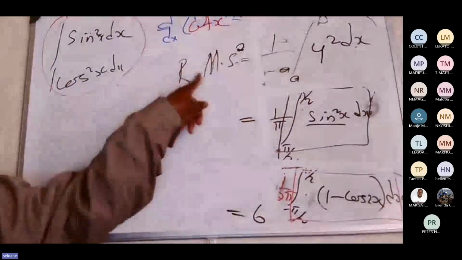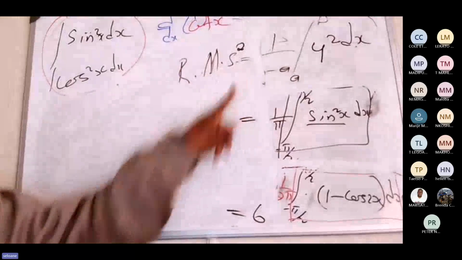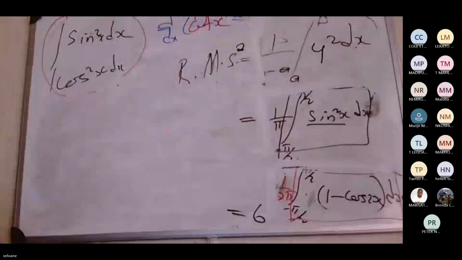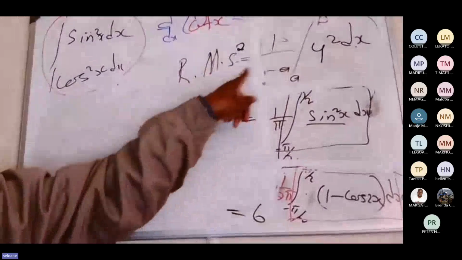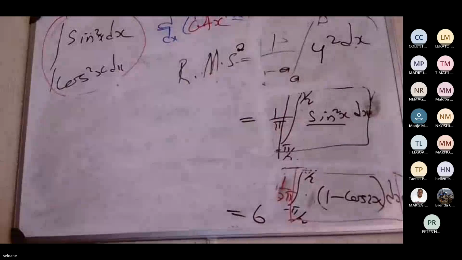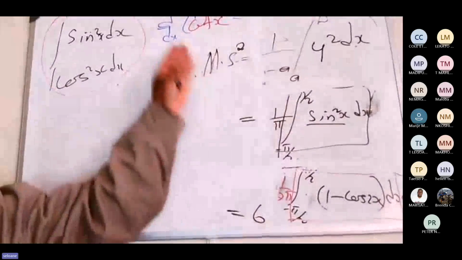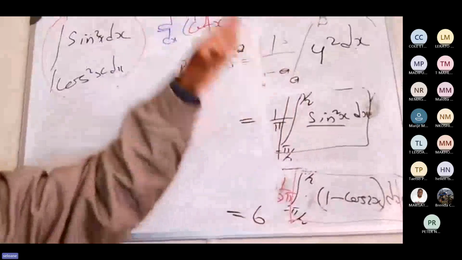It's not the root mean square. It is the square of the root mean square. The question is not finding the square of the root mean square. The question is find the root mean square.